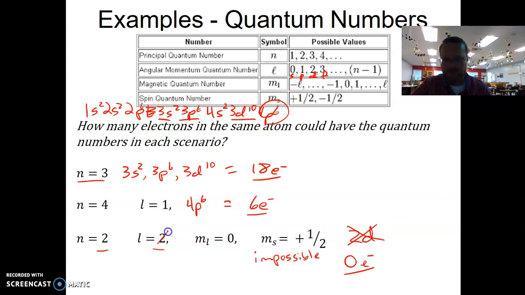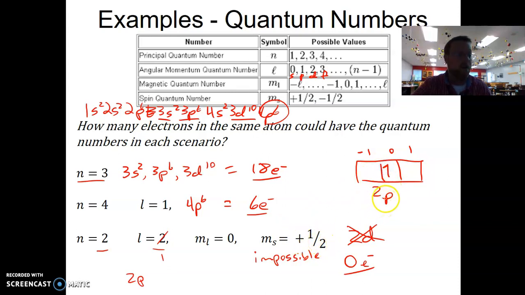If this had been a 1 here, and I was talking about a 2p, just for case in point, I'd be saying this is 2, this is 1, this is 0, M sub L is -1, 0, or 1 to correspond to those 3 different boxes. And positive 1/2 means the electron is spinning up. If I had that scenario, I may be able to narrow it down to a single electron, assuming you have a valid set of all 4 quantum numbers.